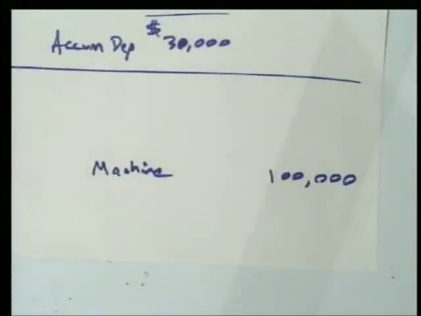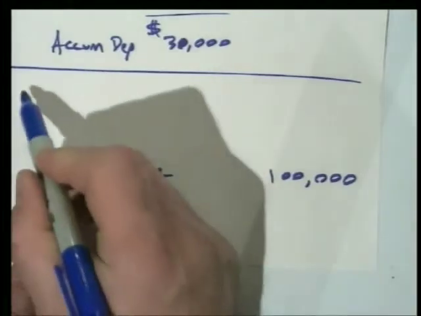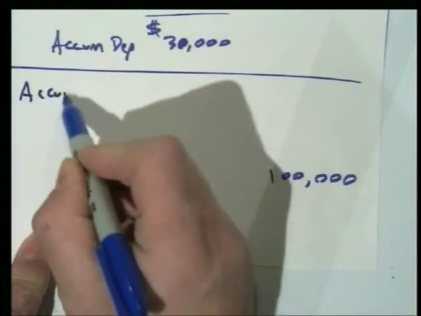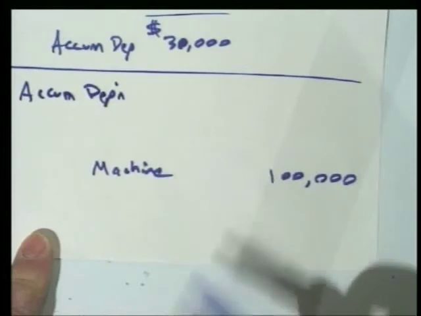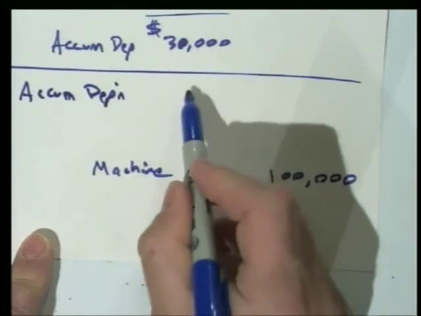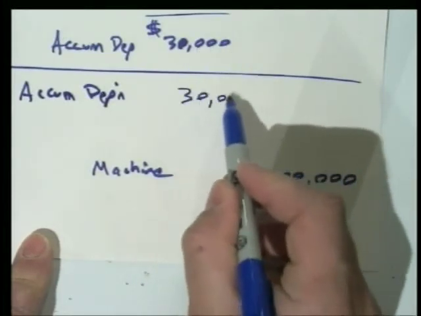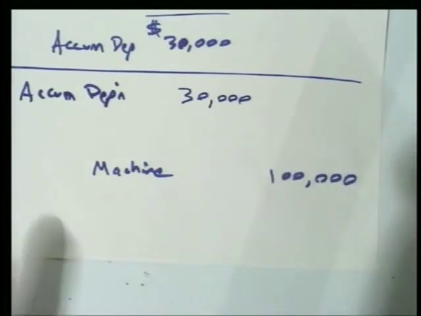Okay? What's the next step? Look back at your slides. Remove the accumulated depreciation. Accumulated depreciation is a credit balance. Thus, we have to debit it. And how much was the accumulated depreciation? It's right there, right? So we debit accumulated depreciation for $30,000.